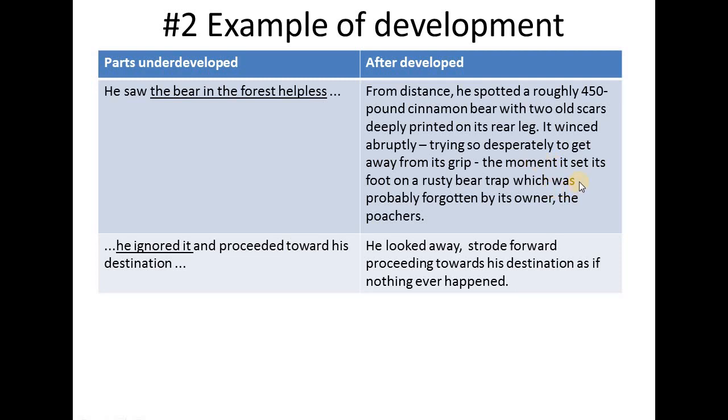The moment it set its foot on a rusty bear trap, which was probably forgotten by its owner, the poachers. See, I'm not claiming this is a perfect masterpiece or anything, but if you compare to the left one, this is way more detailed. It helps the reader to visualize better the scene that we are trying to portray.